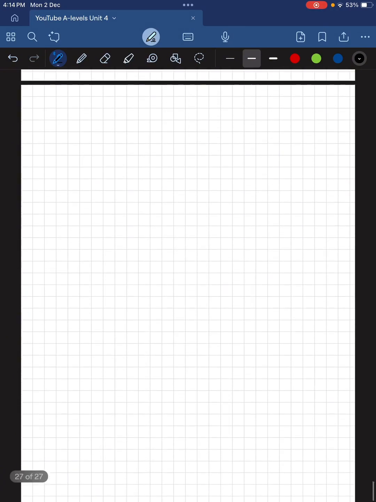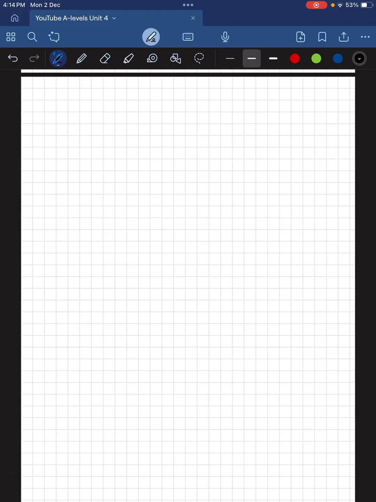So the usual example that comes up in 1-point questions, so the multiple choice part of the A-level exam, is a ball hitting a wall. So let's do example: ball hitting a wall.